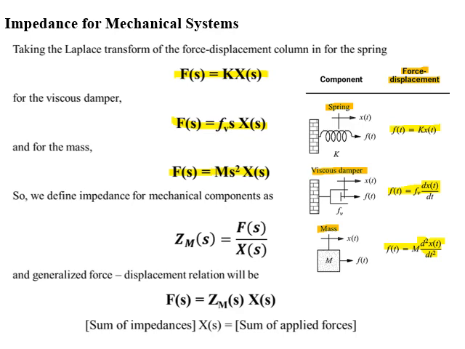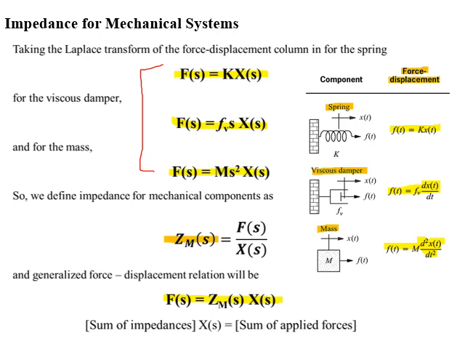Now if we look at the force displacement relations for spring, viscous damper and mass, we conclude that force is equal to the impedance of the mechanical component multiplied by linear displacement.